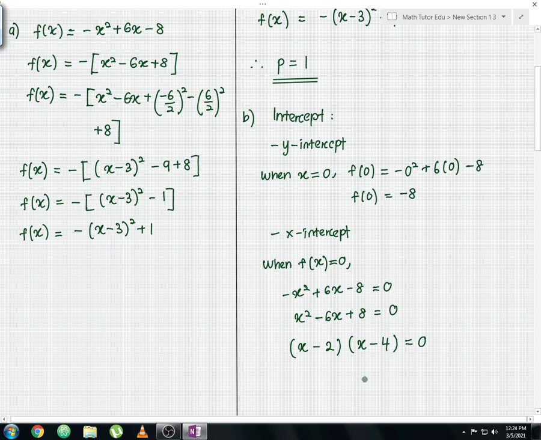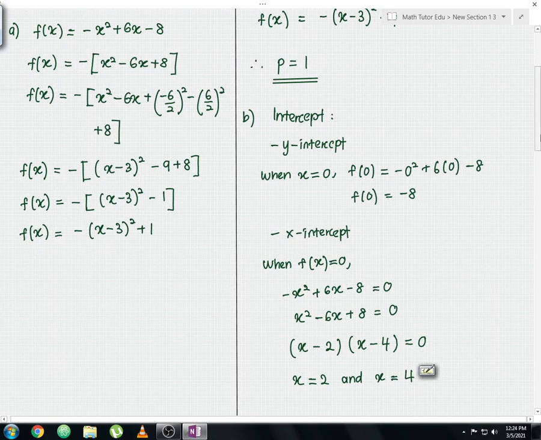So you get 2 x-intercepts, where x equals 2 and x equals 4. This is the second point that we get.